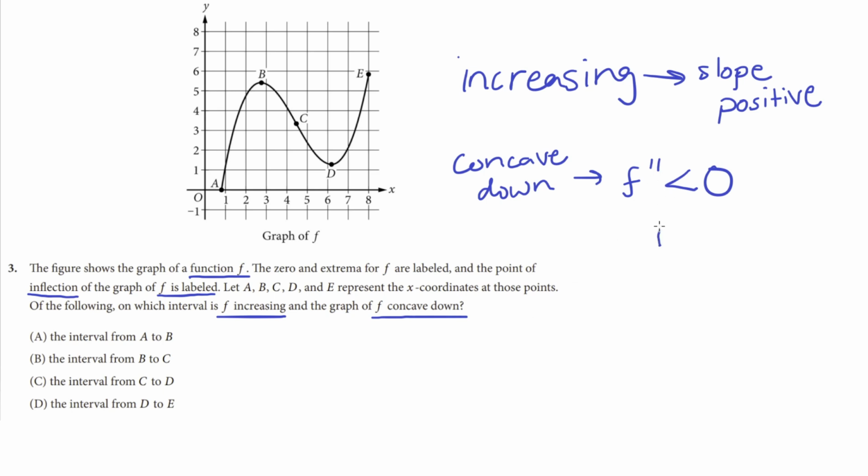And it just means the graph is like an upside down U-shaped. And increasing just means that the slope on that region of the graph is positive.